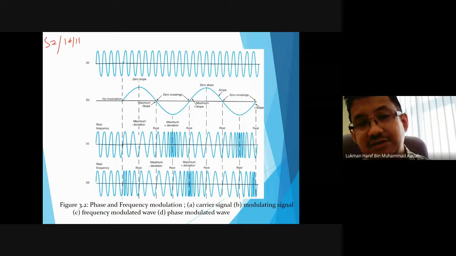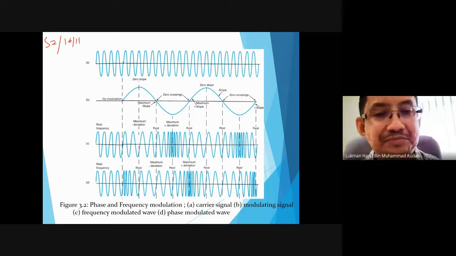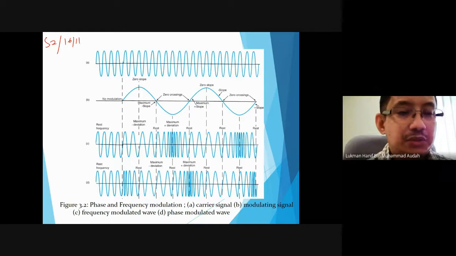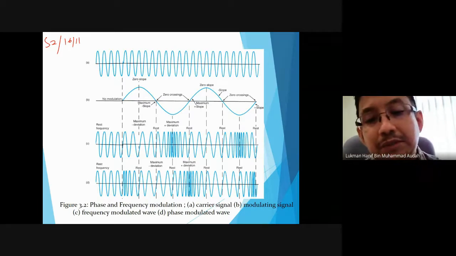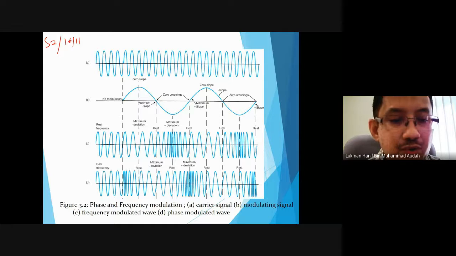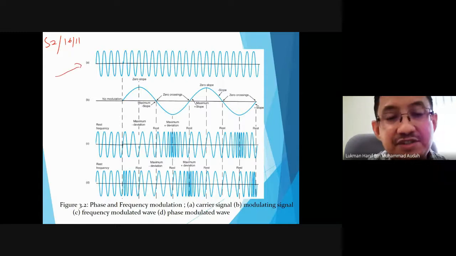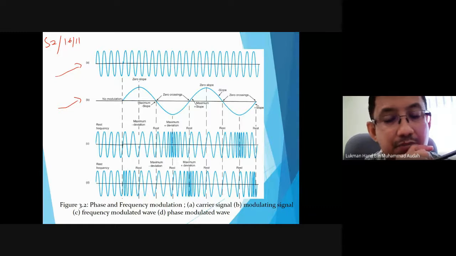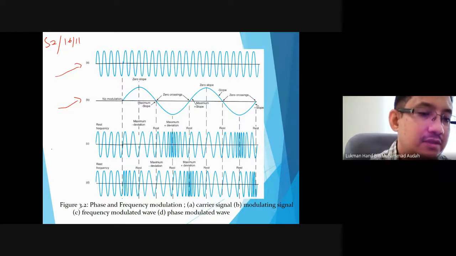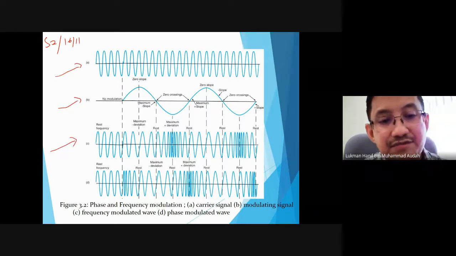This picture. Nampak gambar ni. So this is to show you the difference between FM and also PM. Okay, so you see that here the first graph is the carrier signal, the second graph is the information signal. Graph C here is for FM.